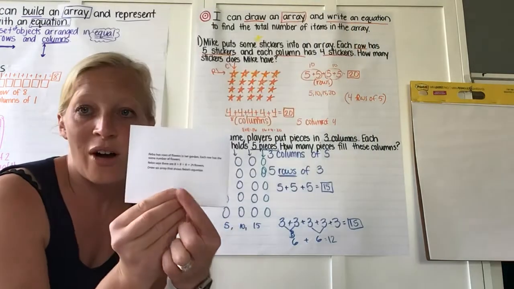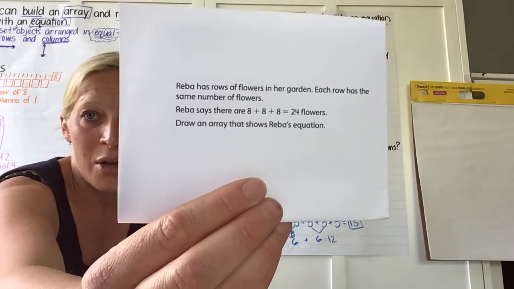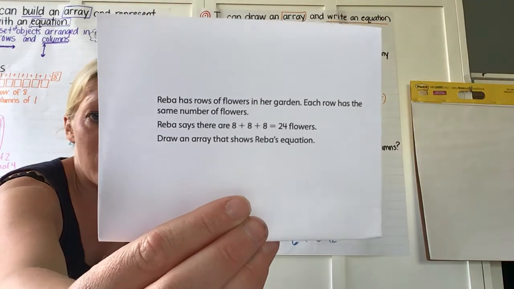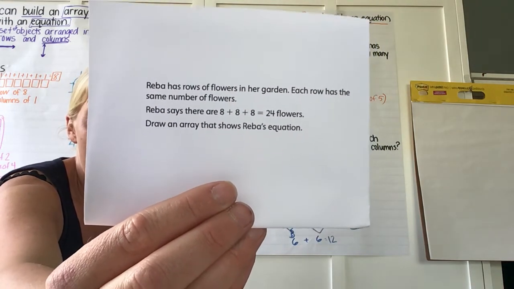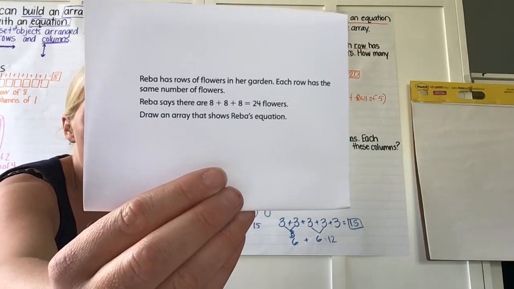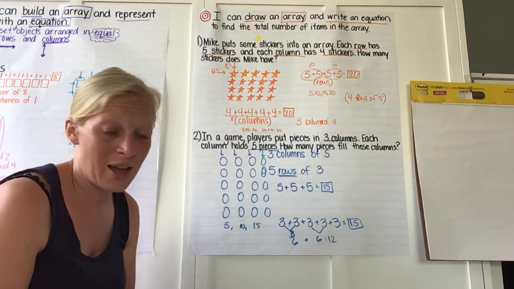I want you to draw the array to match this work. Come on, hold that up to you one more time. Reba has rows of flowers in her garden. Each row has the same number of flowers. Reba says that there are 8 plus 8 plus 8 equals 24 flowers. Draw an array that shows Reba's flowers, okay?